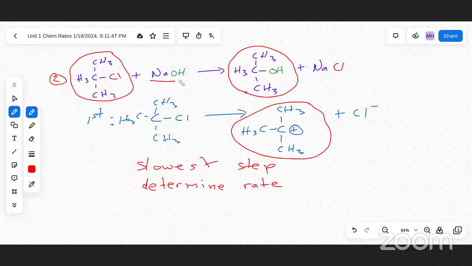Notice this hasn't come into play as yet, right? So the first step in the mechanism, that is the step that will determine the rate. So we call this step the rate determining step.